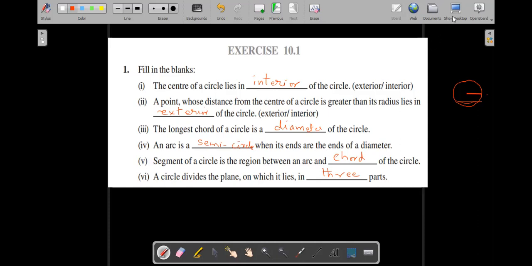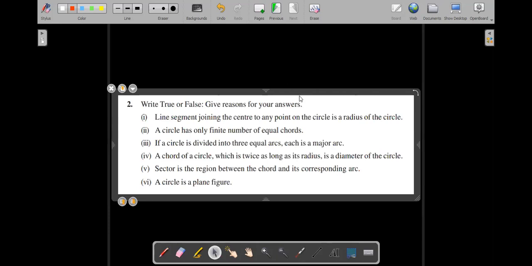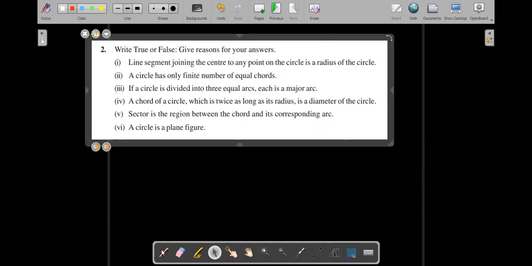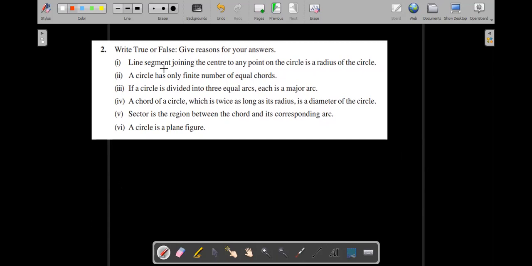Got it? Then our exercise has one more question, where we have to write true or false. But these are very basic things. A line segment joining the center to any point on the circle is a radius of the circle.